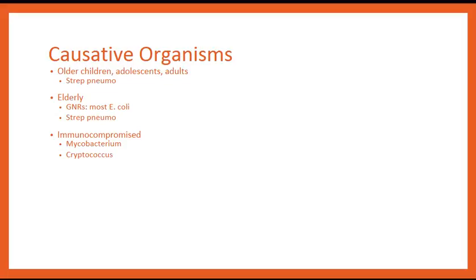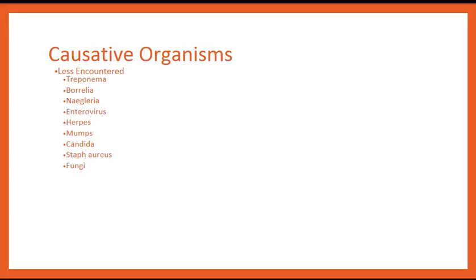Other ones: older children, adolescents, and adults, Strep pneumo. Elderly, gram-negative rods, mostly E. coli and Strep pneumo. And immunocompromised patients, Mycobacterium or Cryptococcus. For all of these cultures, we're going to talk about the most common pathogens. But especially depending on the patient's immune status, almost any organism could cause meningitis or get into the spinal fluid.